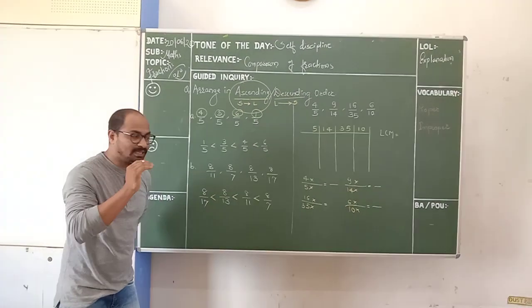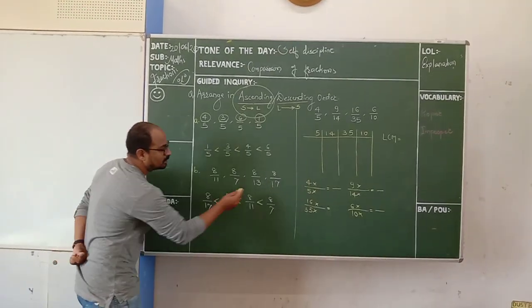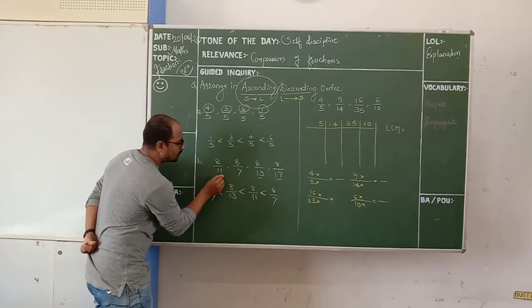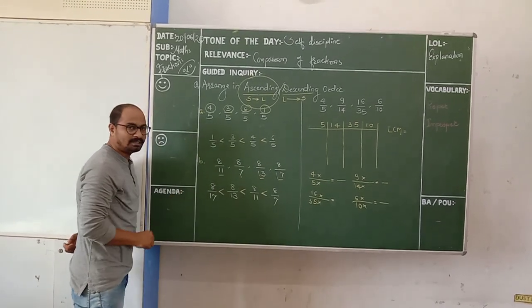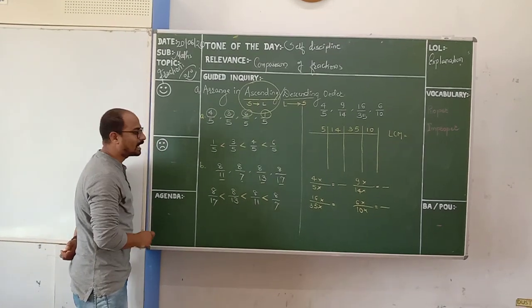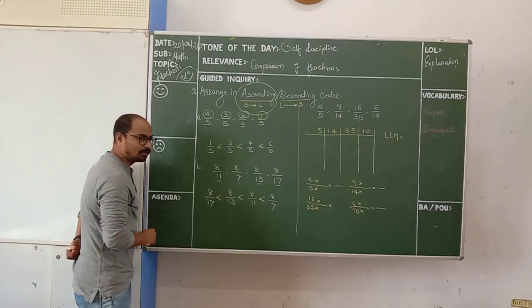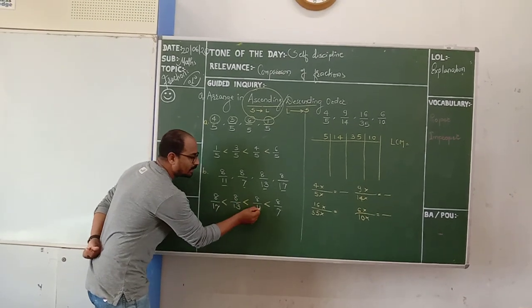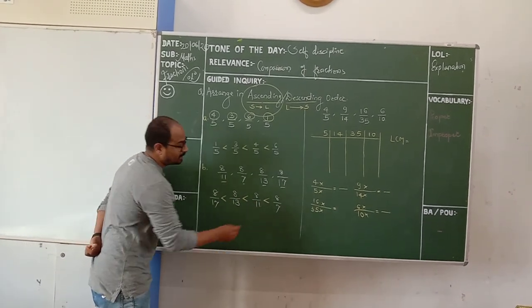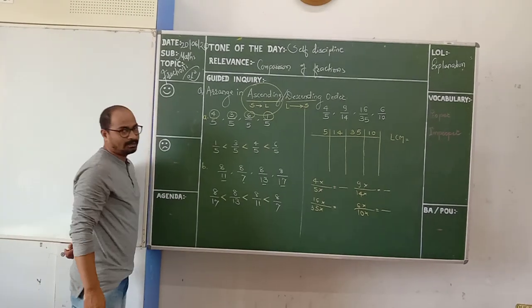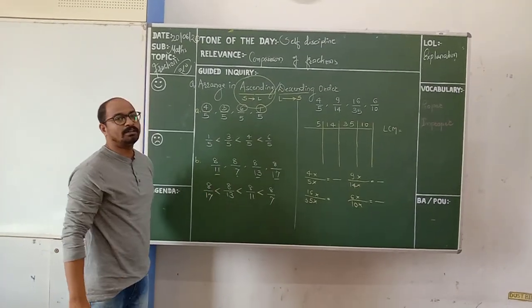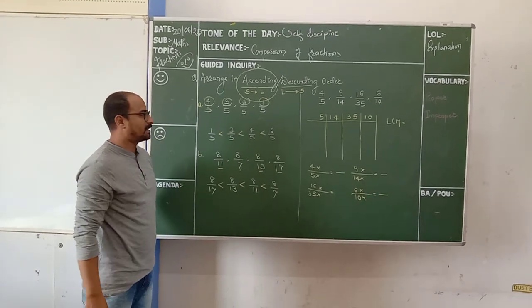So with that note, we can write 8 by 17 first, which is smallest, then 8 by 13, then 8 by 11, and the greatest is 8 by 7. So this is the ascending order if numerators are the same.